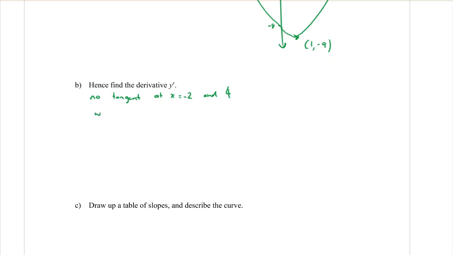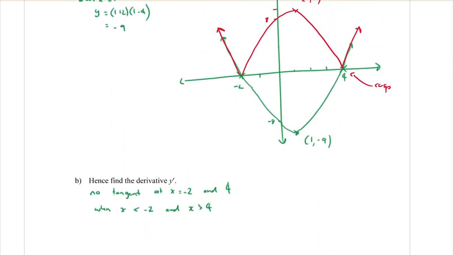So when x is less than minus 2 and also when x is greater than 4, those parts of the curve were already correct when I didn't have the absolute value signs. So if I want to find the gradient of those, all I have to do is take my equation without the absolute value signs and differentiate that.